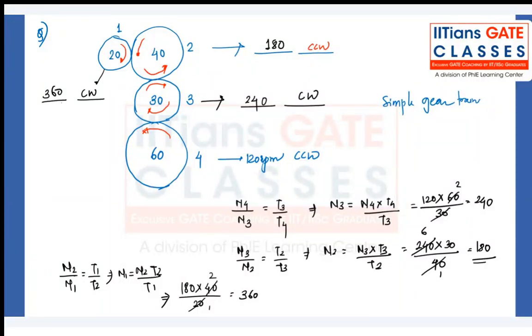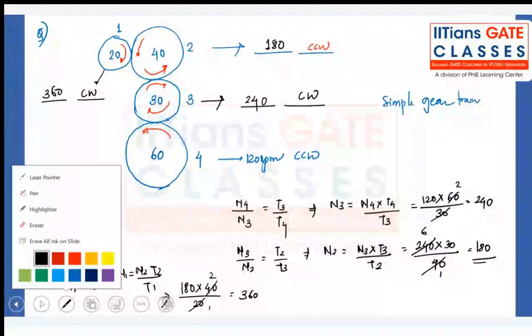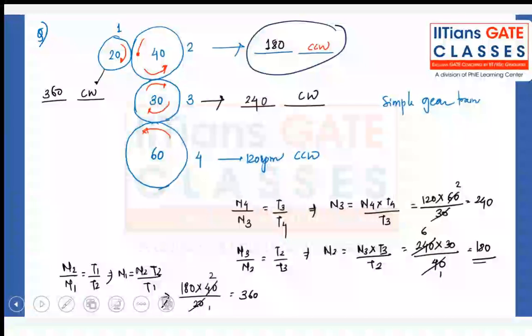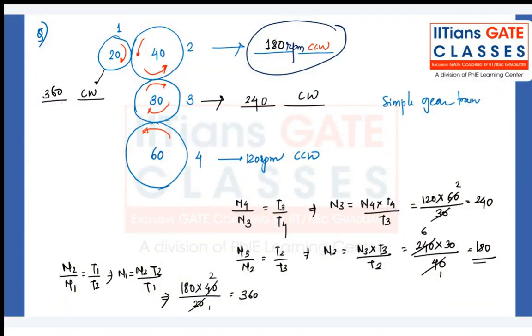Okay, so like this you can solve. In this case, the question was mainly about gear 2. So the answer is 180 rpm counterclockwise. 180 rpm counterclockwise is the correct answer in this case. So if it is a simple gear train, do not panic.